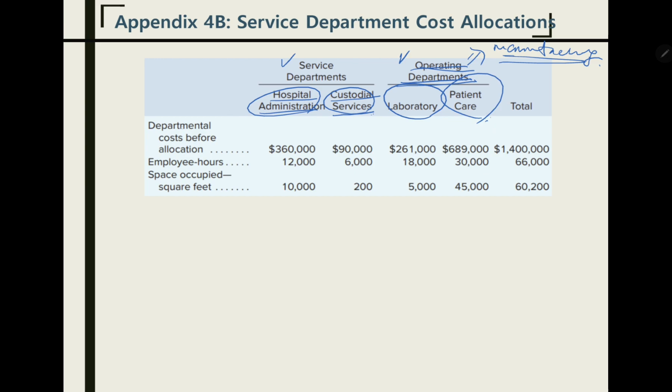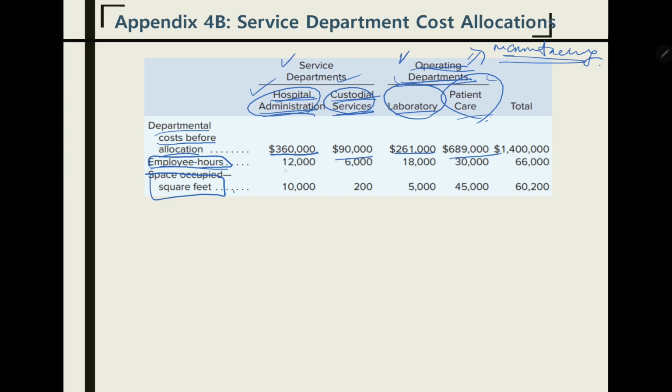Okay. So the departmental cost before allocation is 360,000 for hospital administration, 90,000 for custodial services, 261,000 for laboratory, and 689,000 for patient care. And here is some other information like employee hours and space occupied by each department.